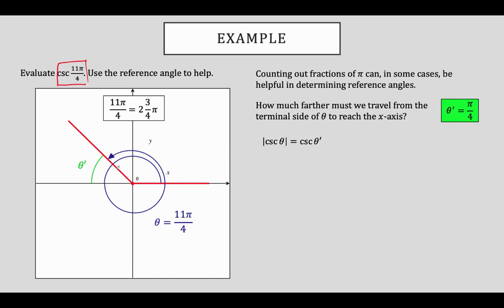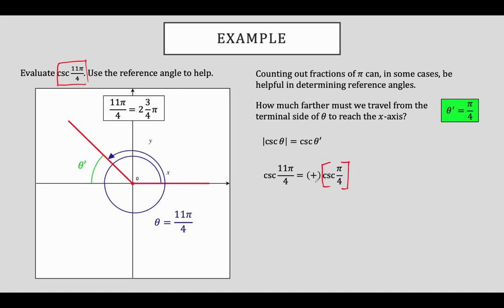And we know that cosecant corresponds to the y-coordinate. Cosecant is the reciprocal of sine. And because we're in the second quadrant, the y-coordinates have to be positive. Therefore, sine has to be positive, meaning that the cosecant of 11 pi over 4 is equal to cosecant of pi over 4. Here I have the cosecant of the reference angle.